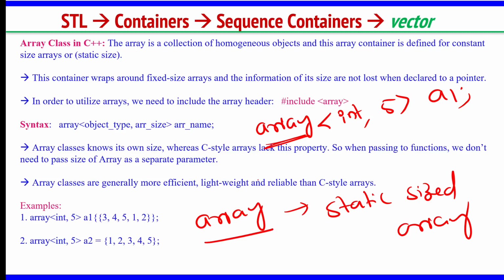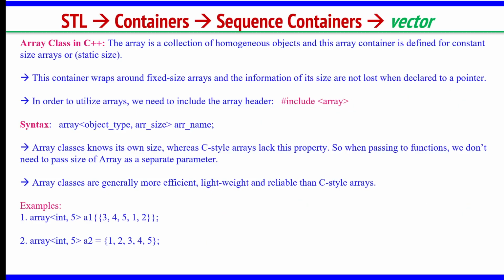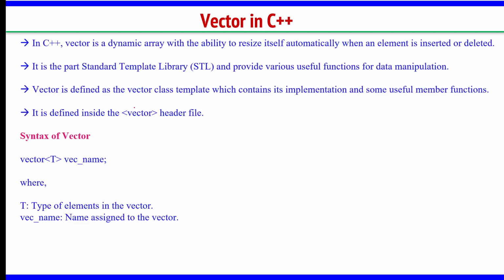Okay, the size of the array is fixed, right. So, this is static, this cannot be changed. Whereas, for vectors, you can have a dynamic array, you can change the size of the array whenever you want.